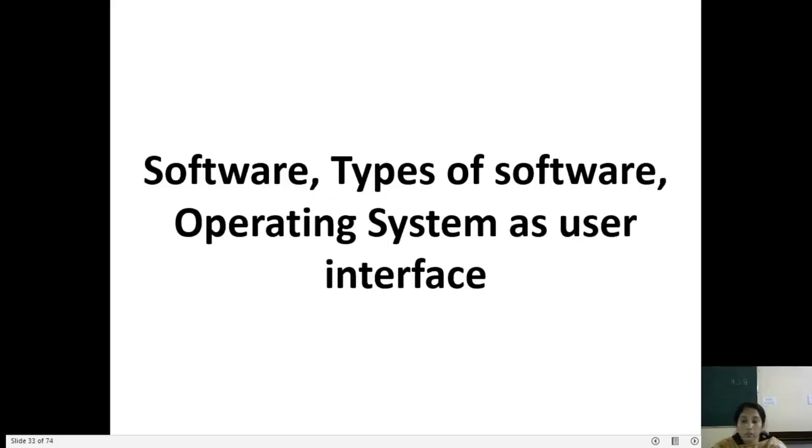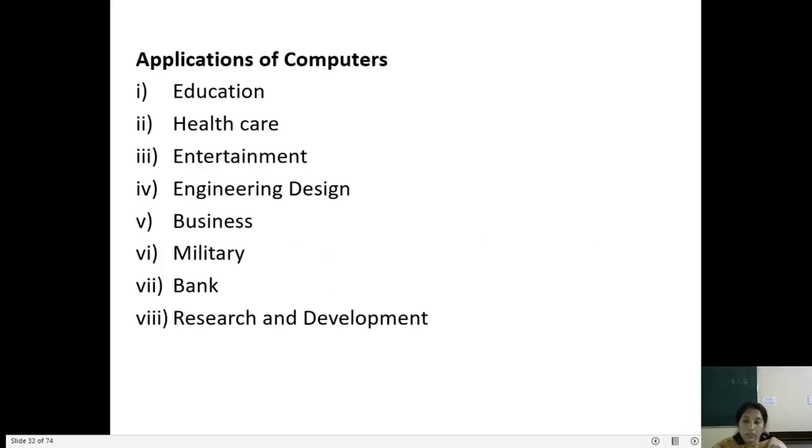When you come to the applications, you will understand how it works in the education field. Just now I am doing this PPT, which helps a lot of students, that is one example. In healthcare, if you want to do any test, or take an ECG, or check your temperature.